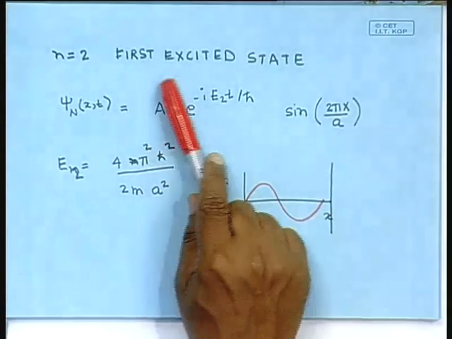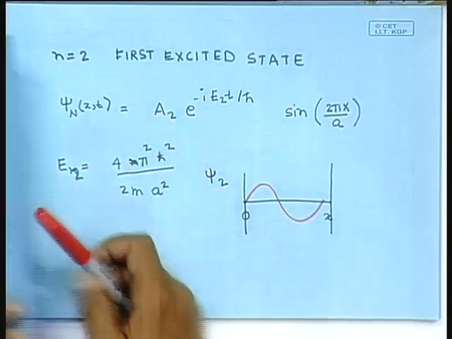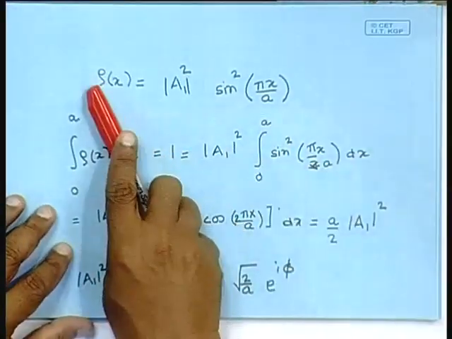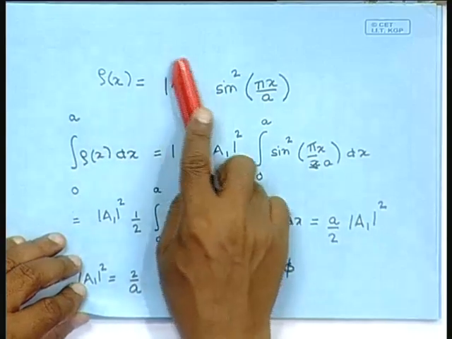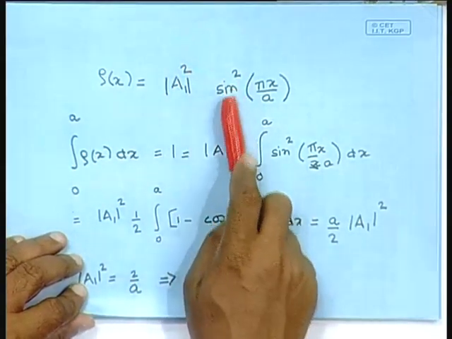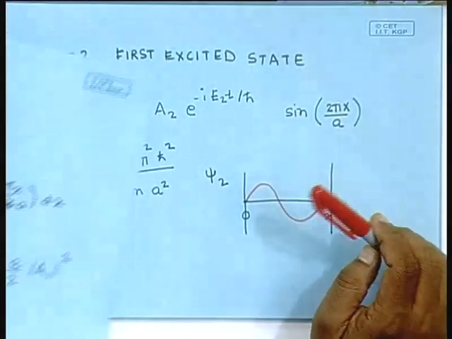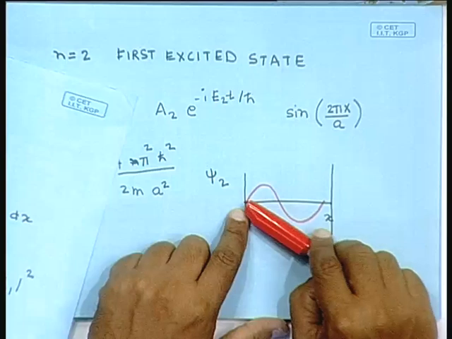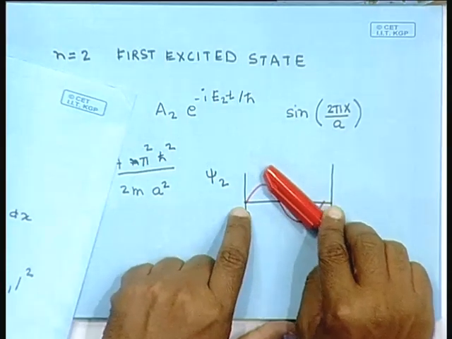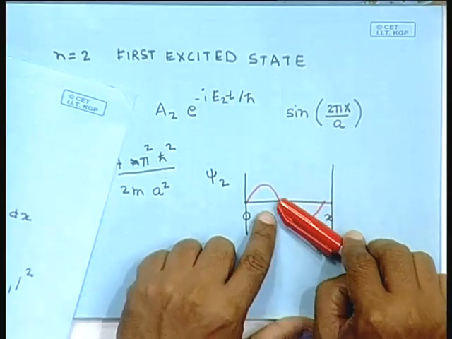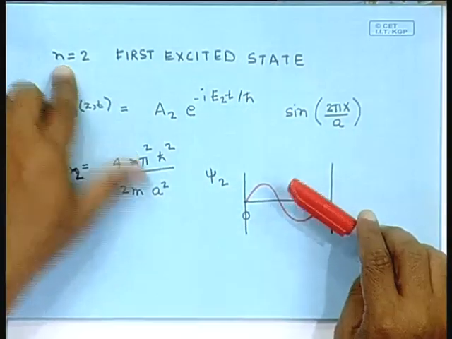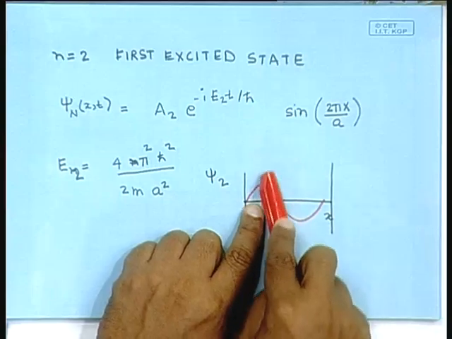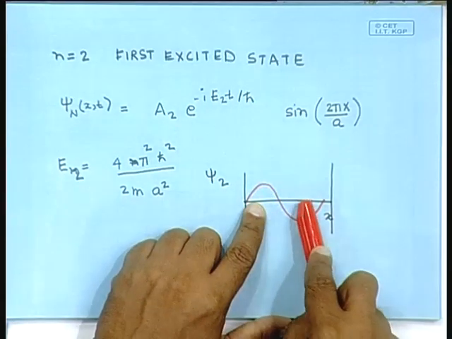And this normalization coefficient again has to be found by calculating the probability density. The probability density is now going to be mod of a2 square into sine square 2 pi x by a. So when I square this, the probability density is going to have a peak over here, and the probability of finding the particle, if the particle is in the first excited state, is going to have one maxima somewhere over here, another maxima somewhere over here.